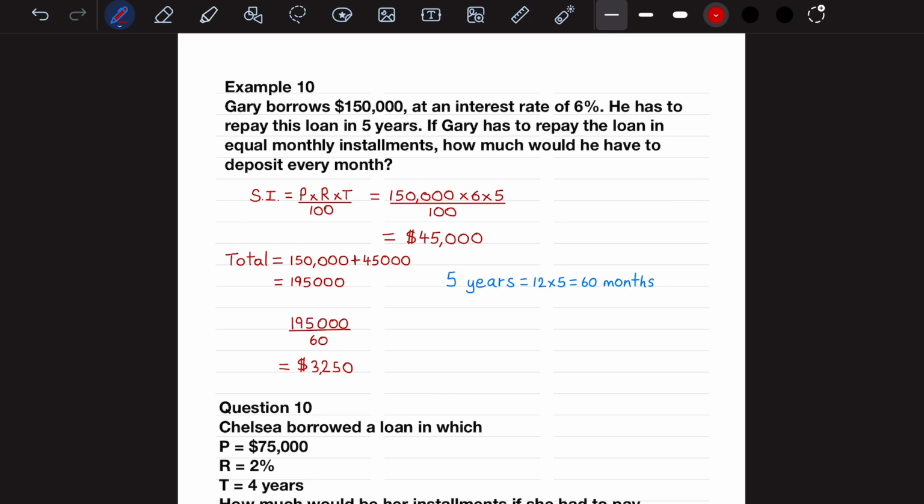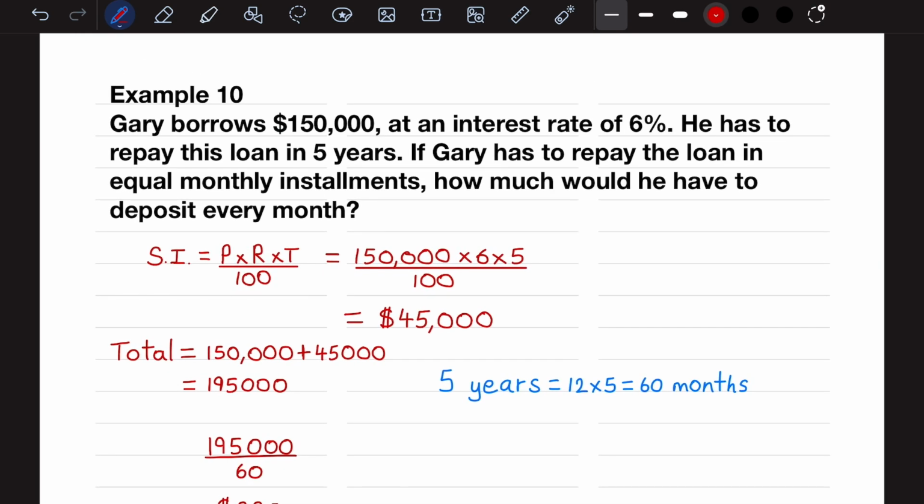The only difference with this question is that we have to determine how much is paid monthly. So let's read the question. Gary borrows $150,000 at an interest rate of 6%. He has to repay this loan in 5 years. If Gary has to repay the loan in equal monthly installments, how much would he have to deposit every month?